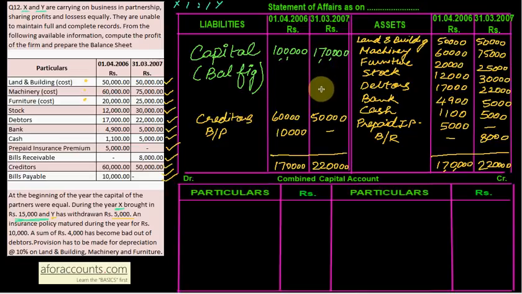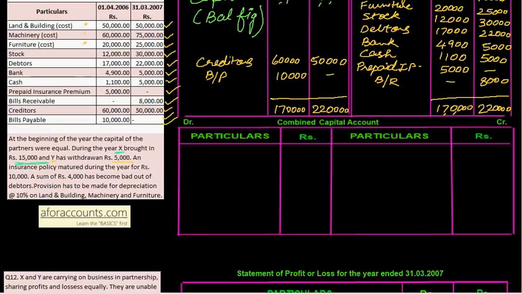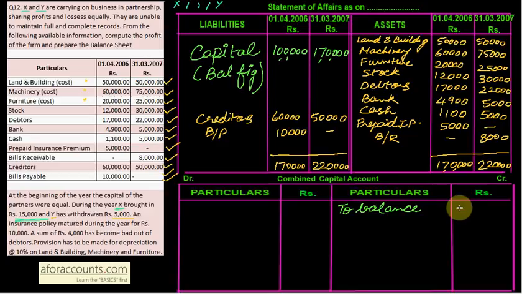Now we make the combined capital account. First, quickly write the opening capital, which we got from the statement of affairs. So to balance, or opening capital, how much is it? Look here, it is 1 lakh. Here is your opening capital. Now immediately plot the closing capital, by closing capital by balance. I'm sorry, it has to be by this side and 2 here because debit side has 2.